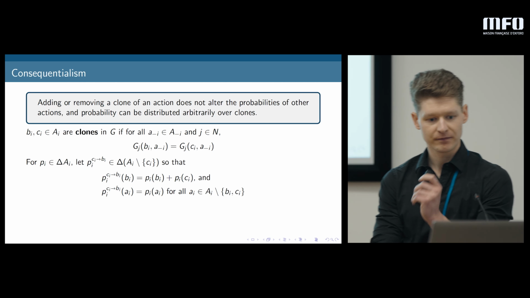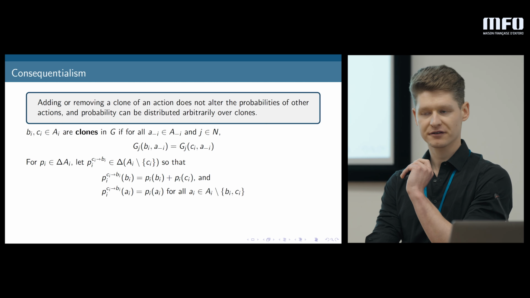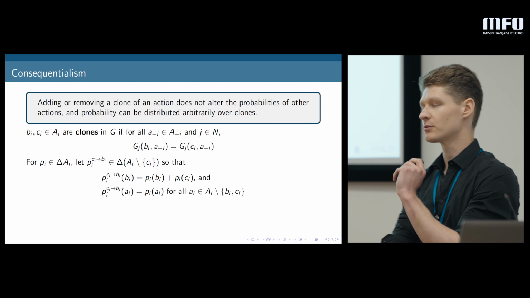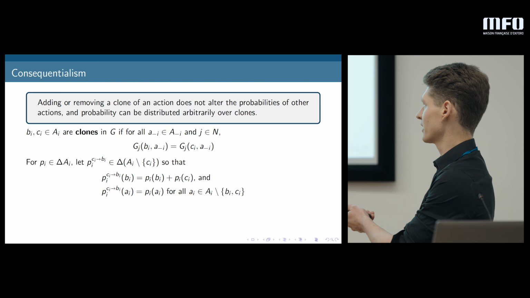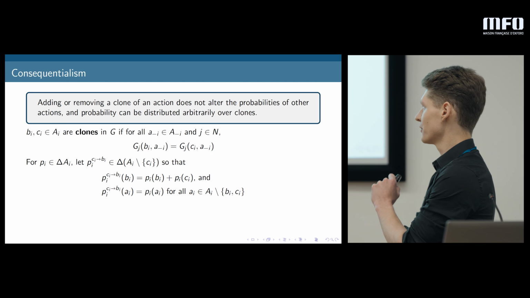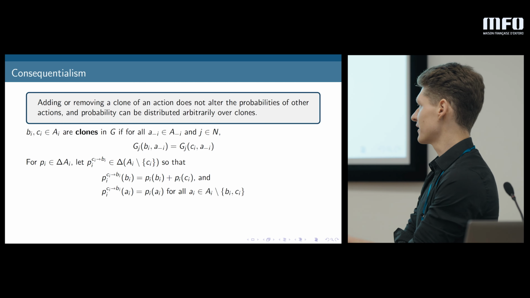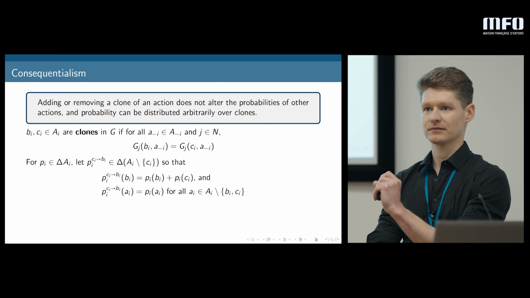And then I'll define an operation on strategies that corresponds to shifting probability from one of the clones to the other clones. So here PI is some strategy for player I. And then this PI with a superscript here denotes the strategy where we take all the probability that's on CI and shift it to BI and nothing else changes.